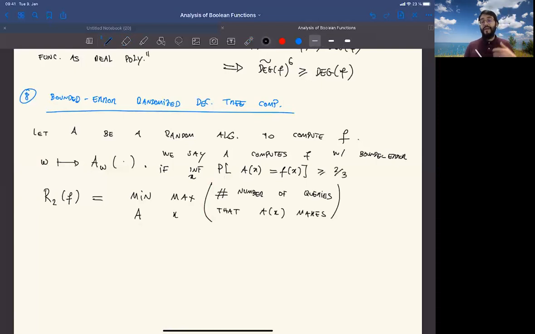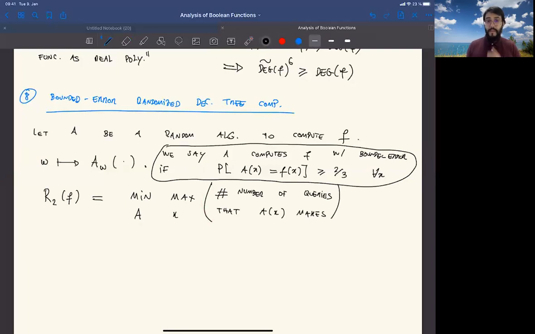So you compute the probability that the algorithm guesses the value of F right, and you take the worst, the minimum, of all these guesses. Another way of saying it is that this works for every x. If the probability is always greater than or equal to 2/3, then it's said to have bounded error. So that's the definition.